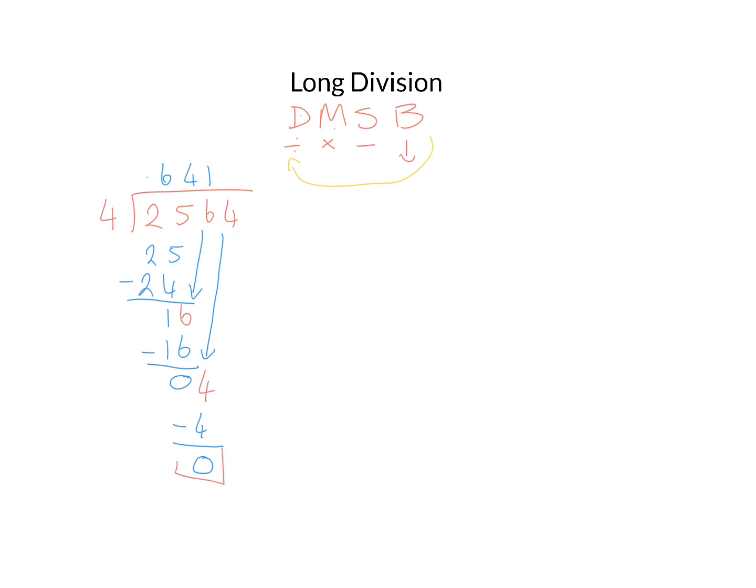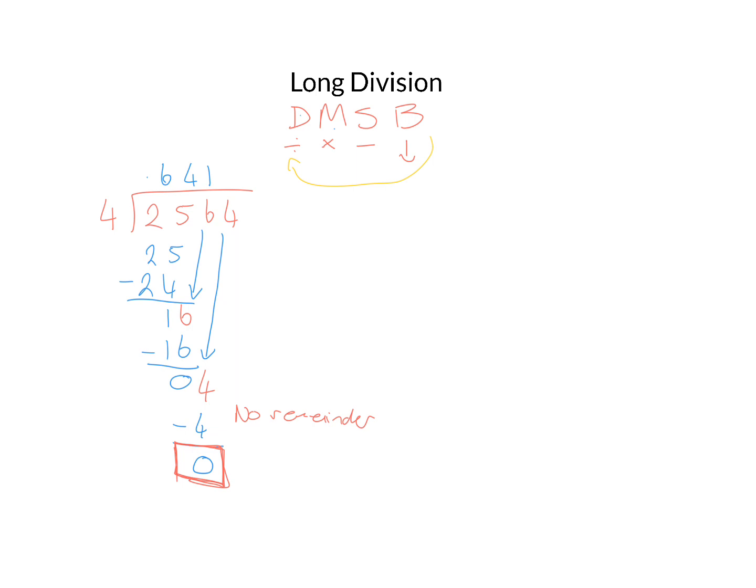this 0 is a very important value, especially for when we're doing algebraic division. What does it mean when I have 0? It means that, well, firstly, that there is no remainder. So 4 goes exactly 641 times into 2564, right?